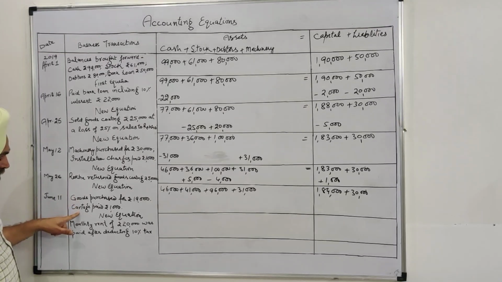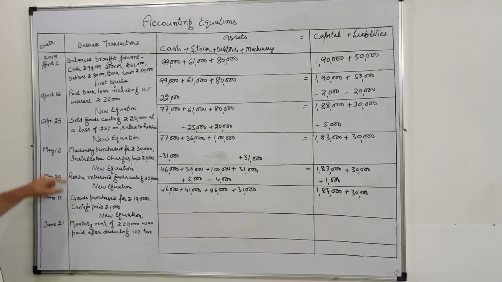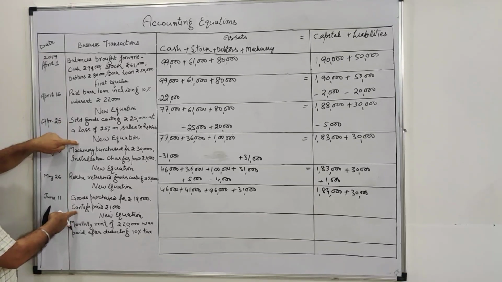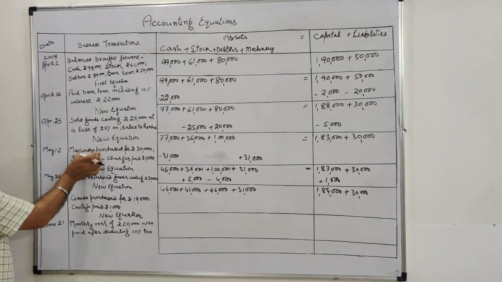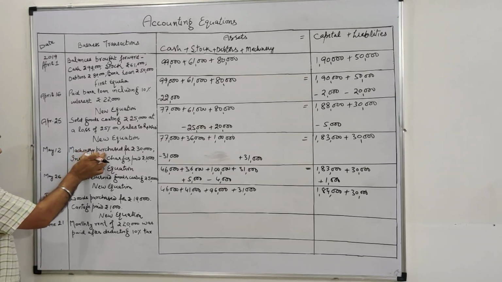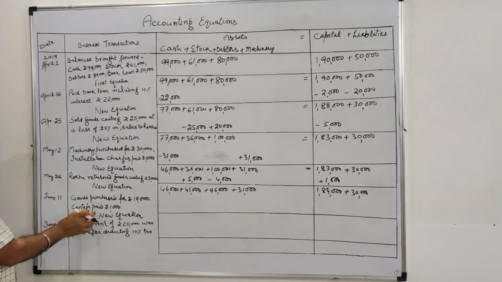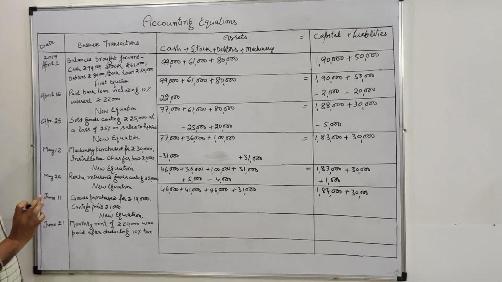This is expenditure of revenue nature. This is expenditure of recurring nature. This will be deducted from the capital. For the purpose of distinction, I have taken these two transactions. When a fixed asset is purchased, expense is included in the cost of the asset. When goods are purchased, expense is not included in the cost of the asset.